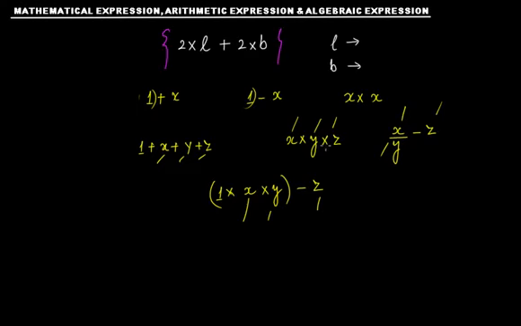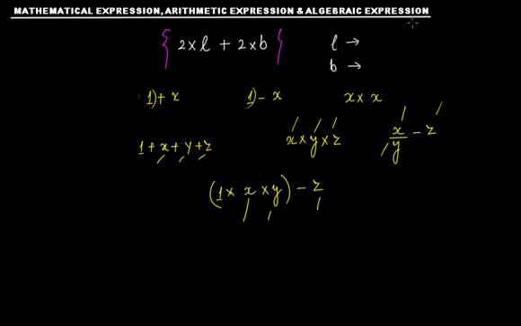Like in this case we can clearly see that we don't have any numbers involved. So the mathematical expression should contain variables, and it surely should have these arithmetic operation symbols. So these expressions are algebraic expressions.